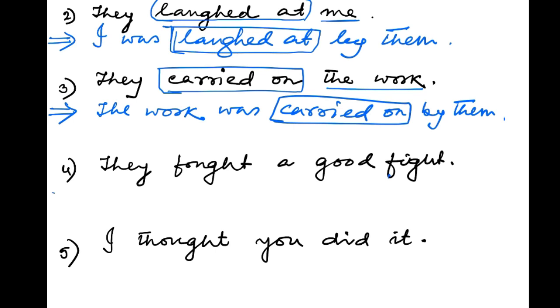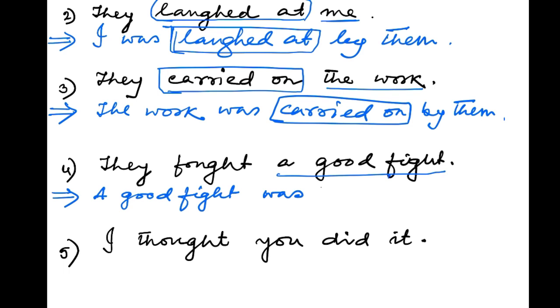Now come to the fourth sentence. A good fight is the object, and it's a sentence in the past indefinite tense. So take "a good fight" first. The past indefinite tense for it will be "was."